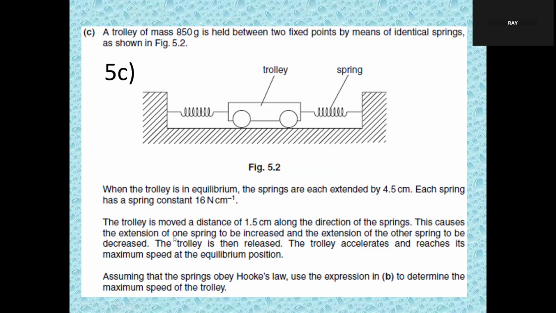This causes the extension of one spring to increase and the other to decrease. The trolley is then released. It accelerates and reaches its maximum speed at equilibrium, when it's not moving. Assuming the springs obey Hooke's law, use the extension to determine the maximum speed of the trolley.